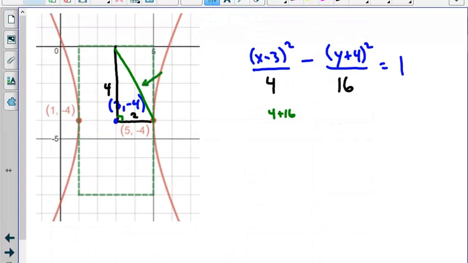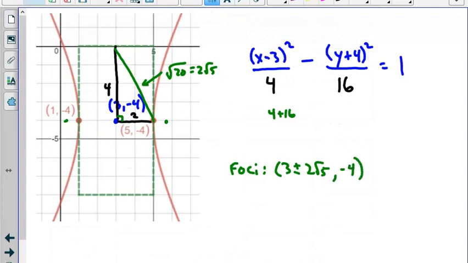So that's 2 squared plus 4 squared, which is the square root of 20, or 2 square root of 5. So that is added in the x direction because the hyperbola opens in the x direction. So our foci would be there at 3 plus or minus 2 square root of 5, comma -4. So that's where those two are.